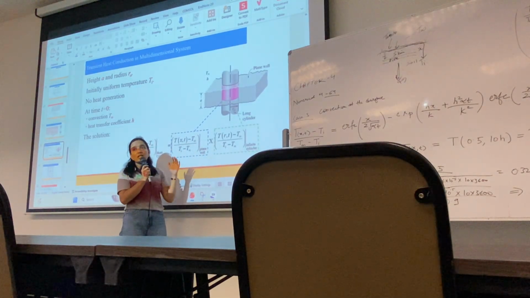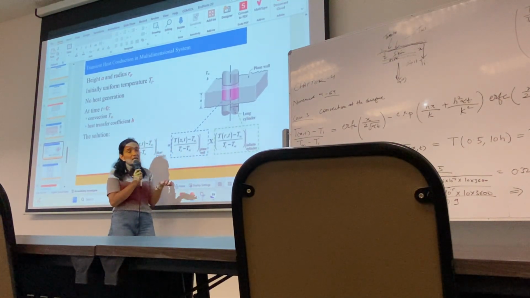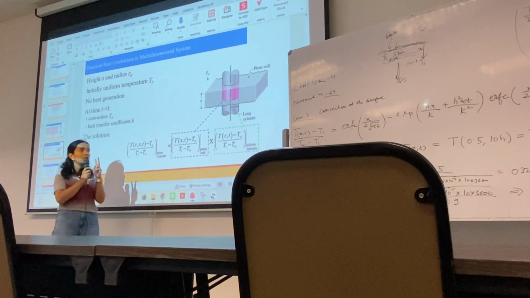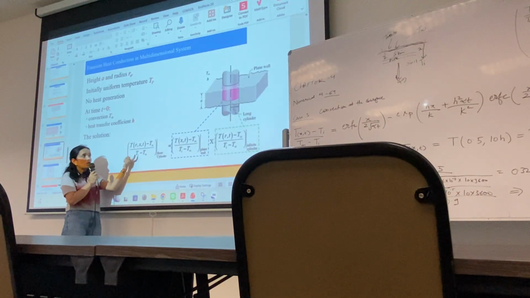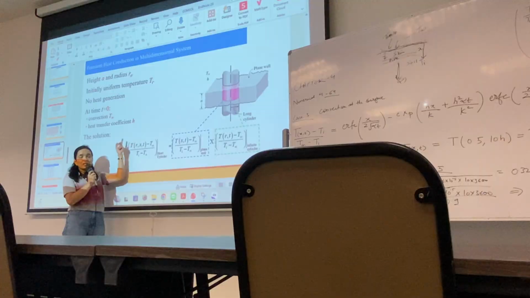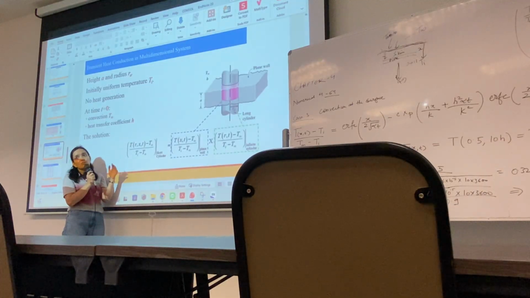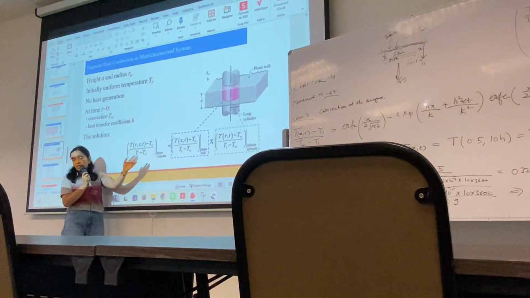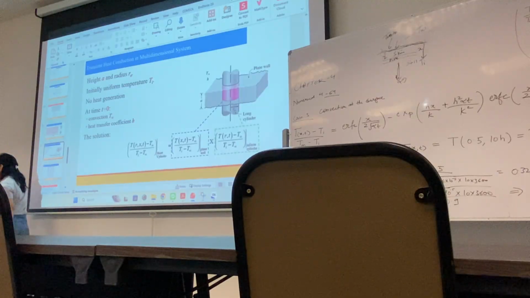So their product is a superposition technique, and this is how you can study heat transfer in two dimension. So the product will be temperature in R direction, in X direction. Okay, small t is time. So this is how, very simple, you can study heat transfer in more than one dimension. If it's a three dimension, I will tell you how.